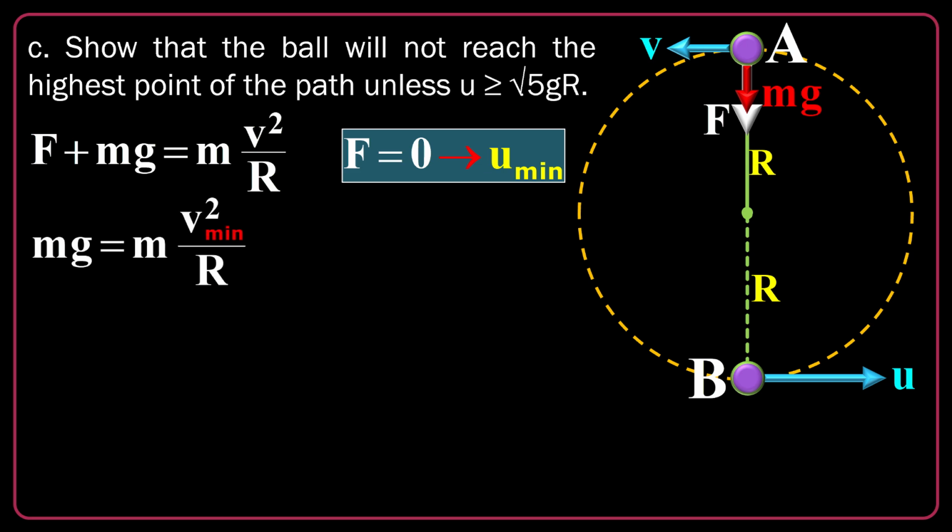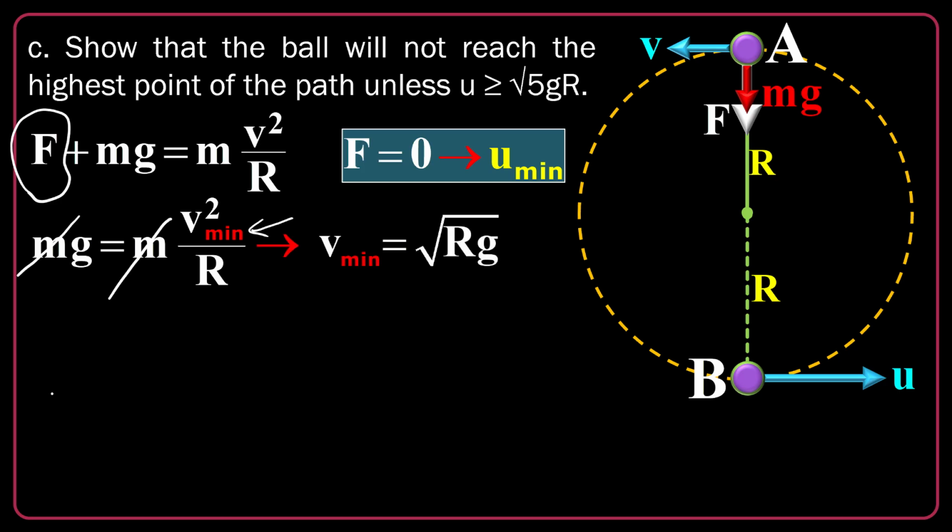Here, as we already supposed that we are at the minimum condition for having the taut string and the object will get to point A, F is 0. So mg is equal to mv squared divided by r. Keep in mind that this is the minimum possible velocity at the point A. If we drop the masses, we will have v minimum equals square root of rg.